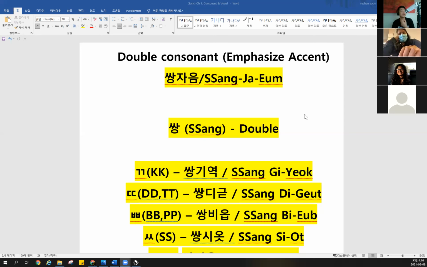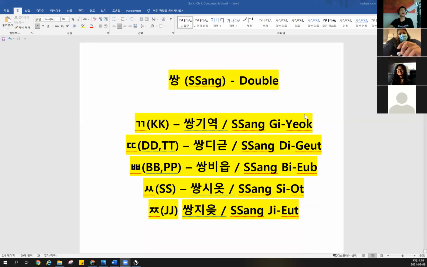Okay, so we only have 5 different double consonants, which is 쌍기역, which means double 기역. Sounds like g, g, g. If I give you an example with the g, when you turn off the light, we can say 끄다, 끄다. We can use that one as the example of the 쌍기역.